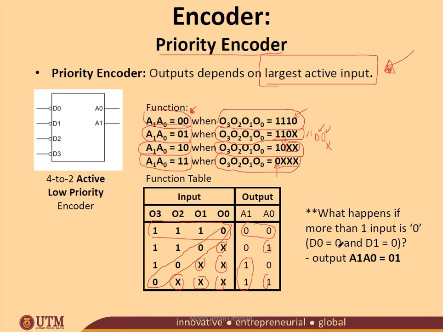For example D0, D1, then it will still choose this one, regardless of whatever we have. It is a connection to the D0 pin. This is the input pin D, but this is our input assignation.